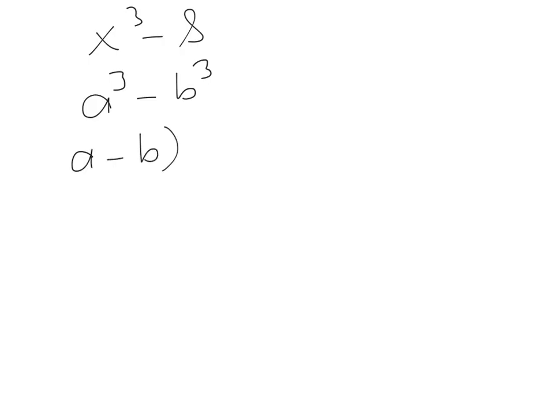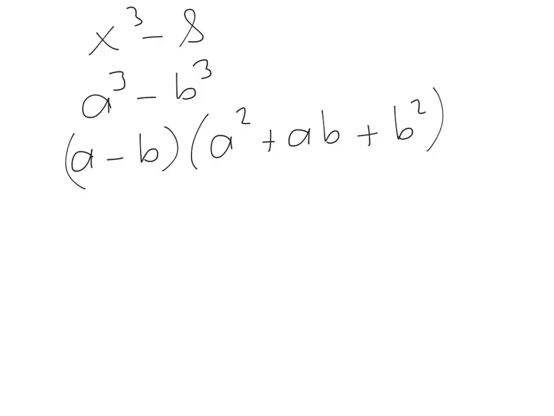I would like to open parentheses for students who don't know how to factor x cubed minus 8. Let me remind you that a cubed minus b cubed can be factored as a minus b times a squared plus ab plus b squared.